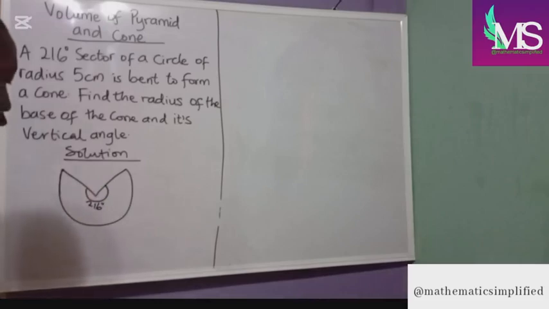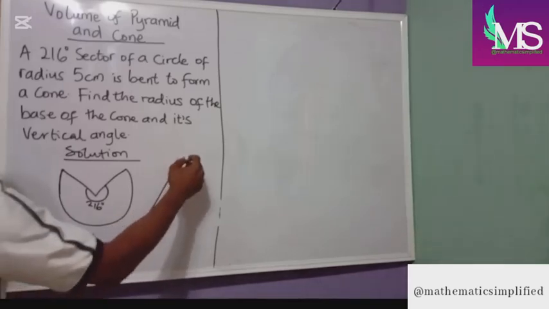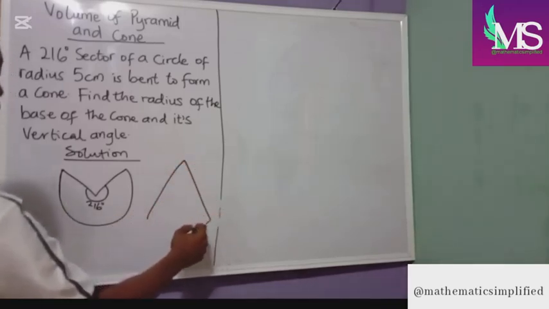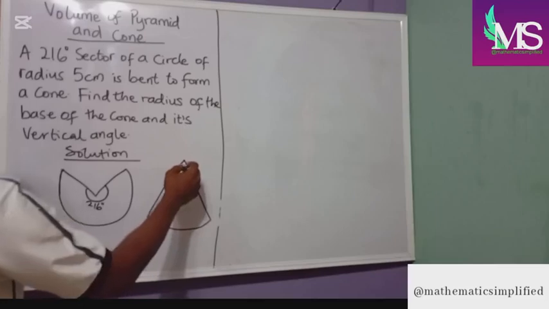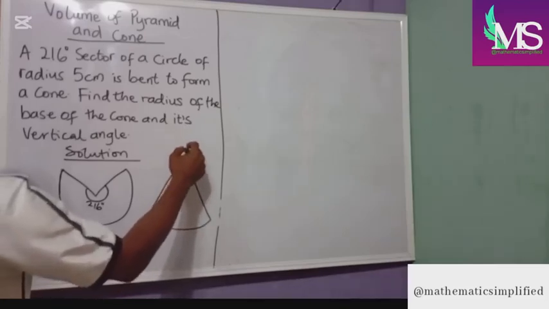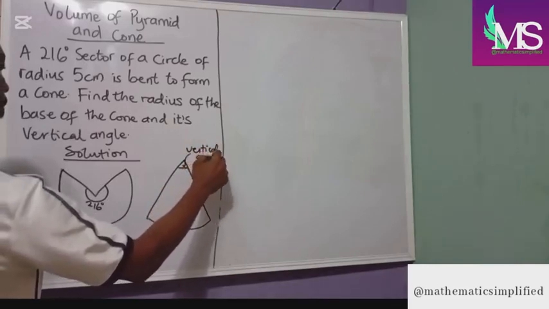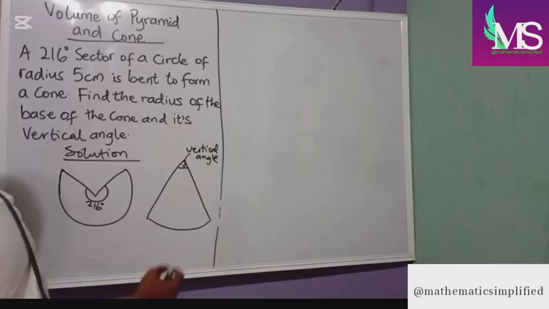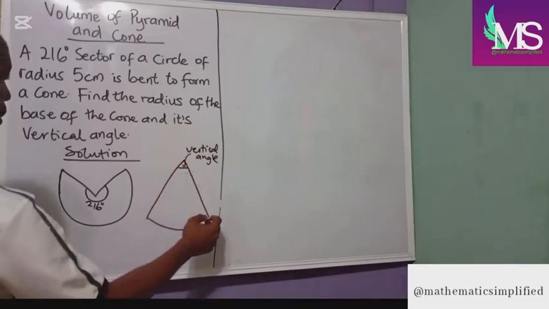Now if we fold this to form a cone, we should find the vertical angle. This place is referred to as the vertical angle, and this place is referred to as the radius.